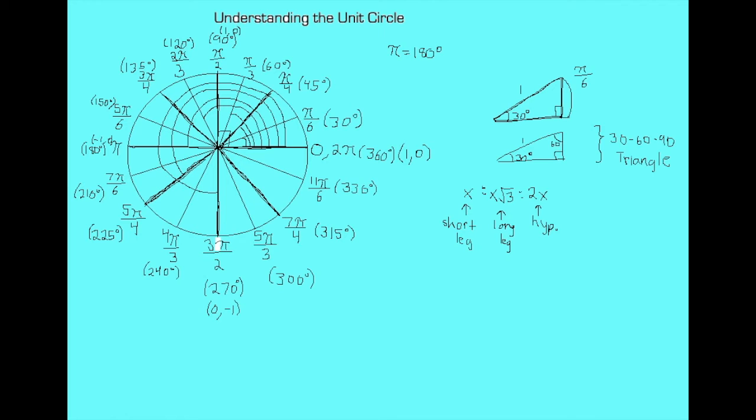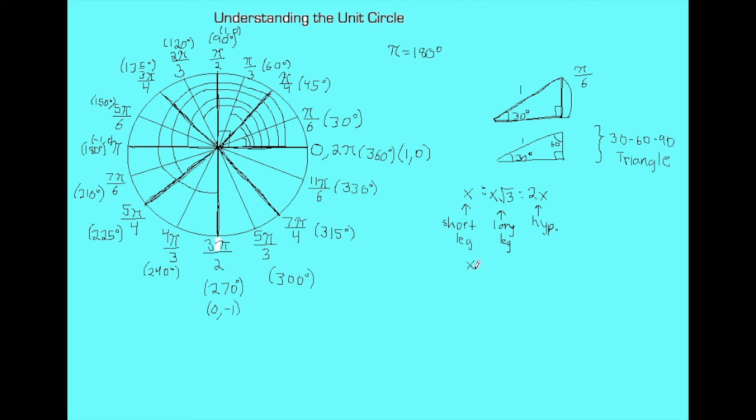And we know that the shorter leg is always opposite the 30-degree angle, and the longer leg is always opposite the 60-degree angle. Again, if this sounds completely new to you, please look at the video for special right triangles. So let's see what we are given. We are given just the hypotenuse, which we know is 1, since it is a unit circle.